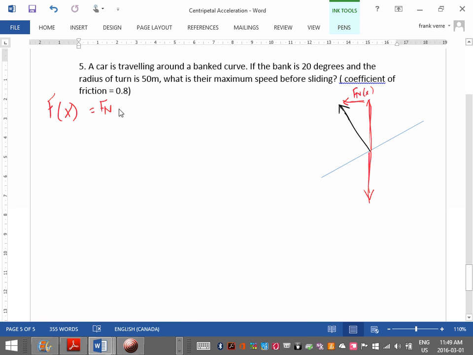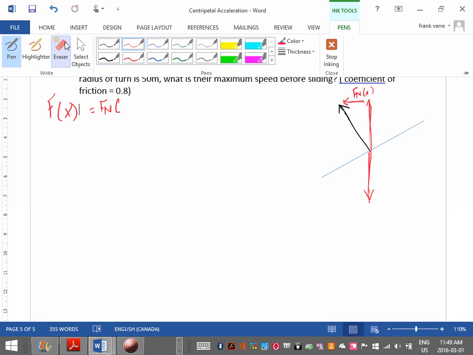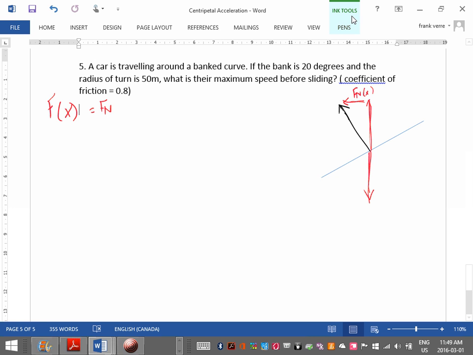Fn times what? Not cos. 20. Sine. Gotcha. Don't mess me up. Times sine 20. Okay. And along the y direction, we had Fn times cosine 20, right?